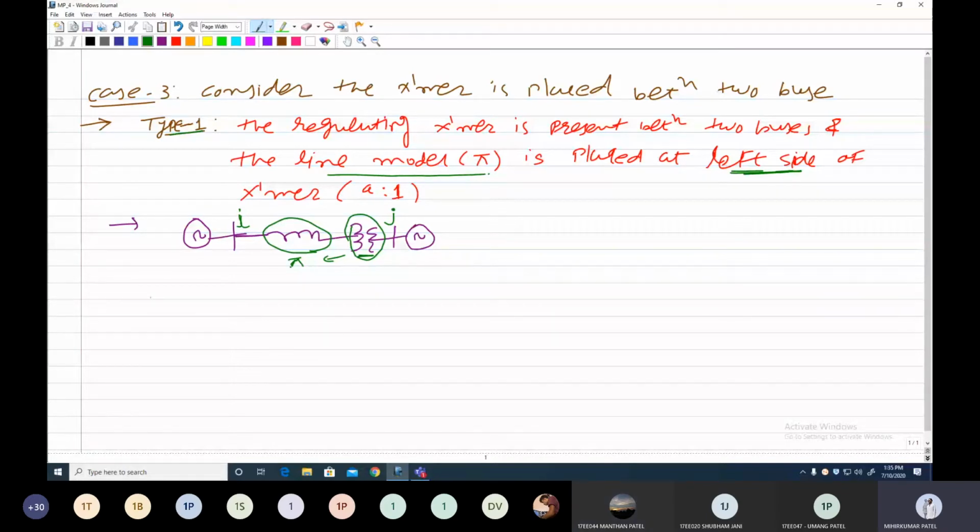So the equivalent circuit, by considering the pi model, here the transformer and the shunt admittance.